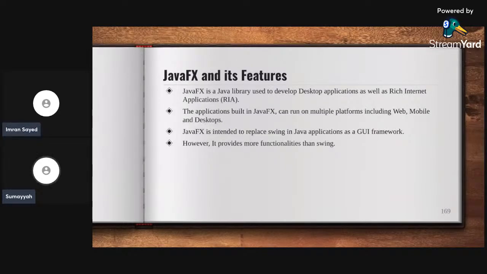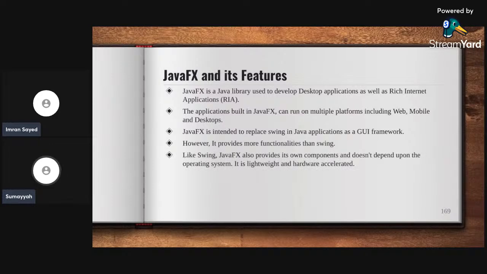However, it provides more functionalities than Swing. Like Swing, JavaFX also provides its own components and doesn't depend upon the operating system. It is lightweight and hardware accelerated. So it looks like JavaFX and Swing have very common features, such as both are platform independent, both are lightweight, both have different components. But I think JavaFX is providing more functionalities compared to Swing.